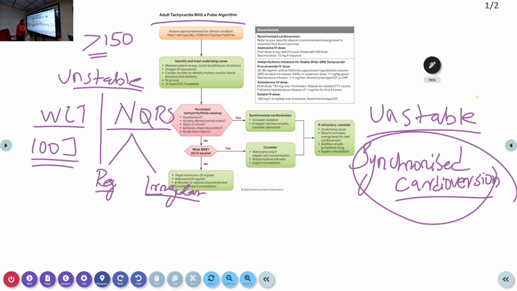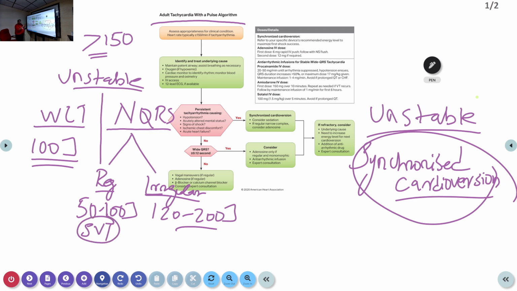If it is regular, you can start with 50 to 100 joules. If it is irregular, it is 120 to 200 joules. Basically, narrow complex regular is SVT, because sinus tachycardia above 150 we will not call. The irregular one is atrial fibrillation or multifocal atrial tachycardia, any of these.